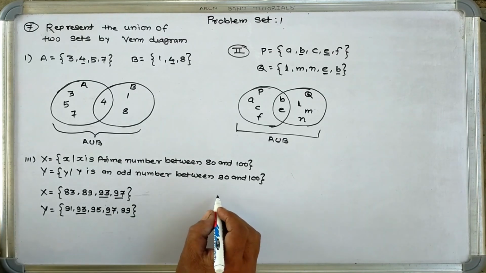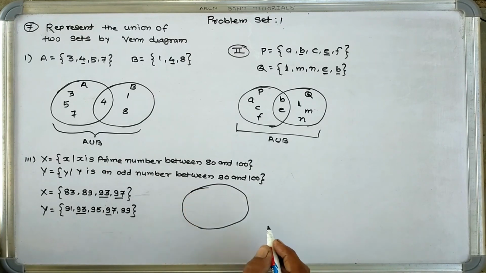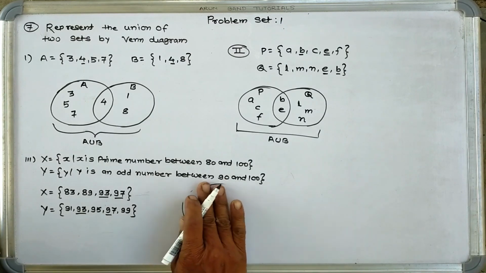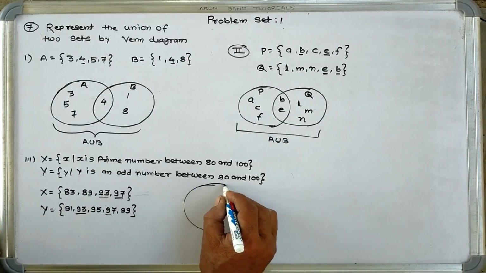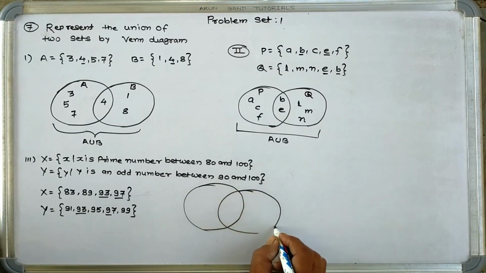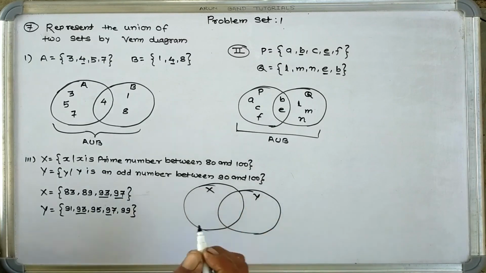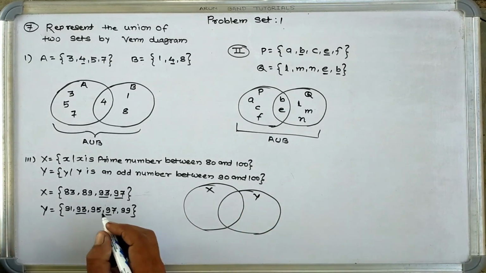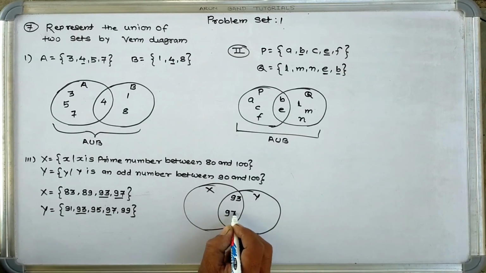So draw the two circles. This is our set X, this is our set Y. Write the common elements in intersection, that is 93, 97.